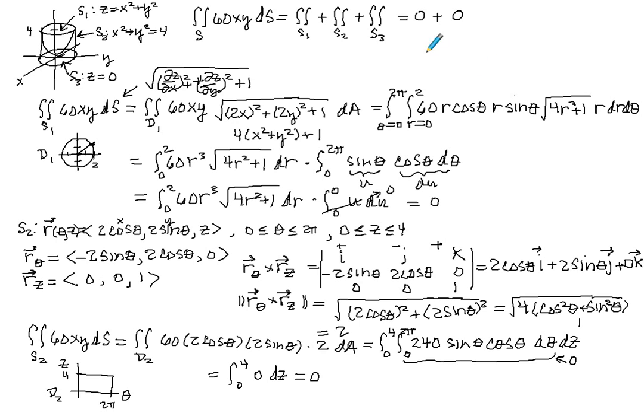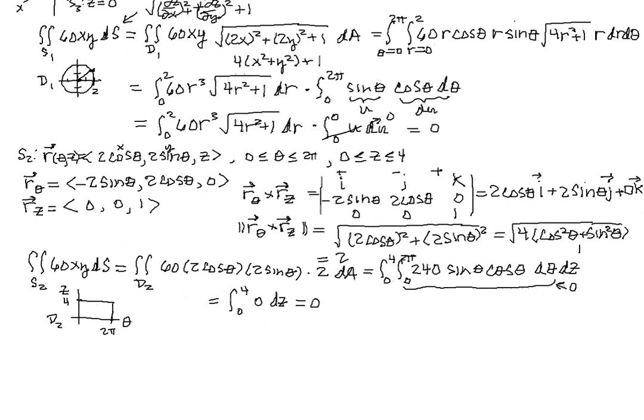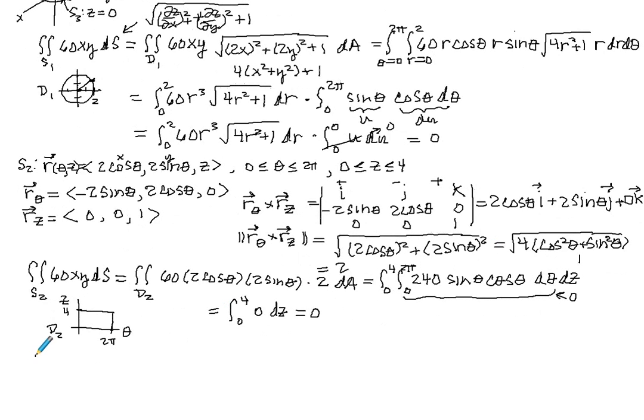So now we just have to find the integral along that last surface, which is an easy surface. It's z equals 0. So then the integral along S3 of our 60 xy dS. And now this one, we're back to this form again, because it's z equals f of xy, but our f of xy is just 0.